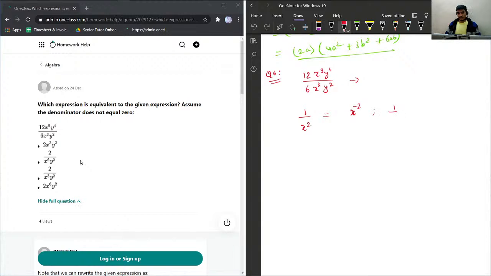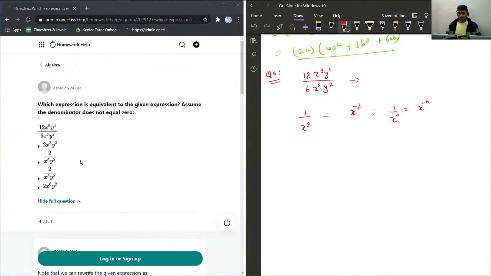Or suppose it is x power n, which can be written as x power minus n. This is the kind of property or approach we are going to use in this question, and we need to use one more.